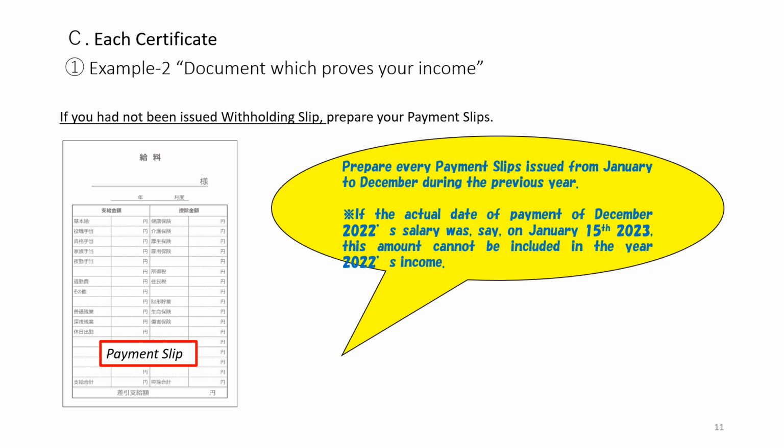This monthly payment for December, 200,000 yen, will be included in the year 2023's declaration. If you have both a withholding slip and payment slips, the payment slips are not required for declaration. Submission of the withholding slip is sufficient.